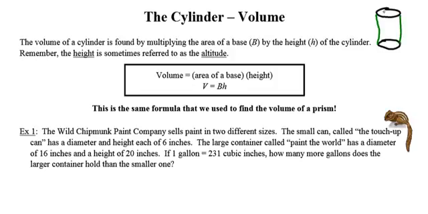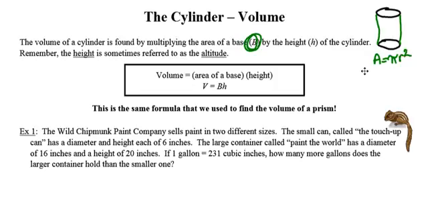So connected by this piece around the outside that when we flatten it out is in the shape of a rectangle. To find the volume of a cylinder, we're going to multiply the area of the base, represented by capital B, times the height or the altitude of the cylinder. Now the area of a base, to find the area of a circle, that's really just pi times r squared.